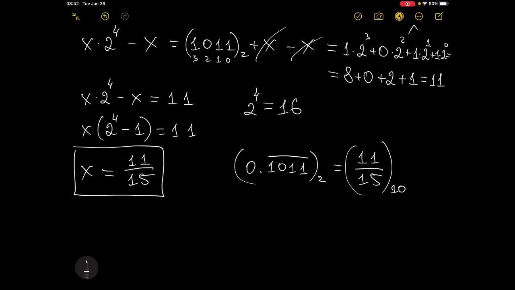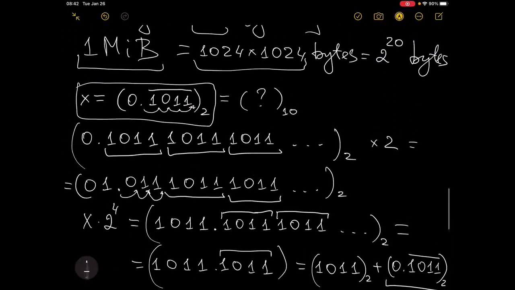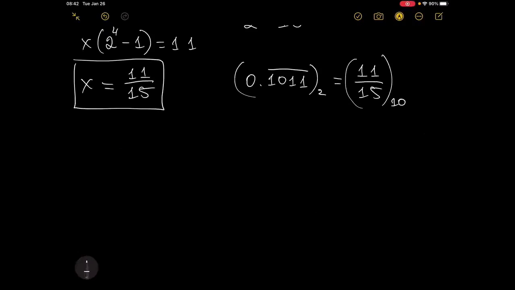Okay. Now, so in this particular case, the repeating part was starting right after the radix, right, right after the point, separating the fractional part.